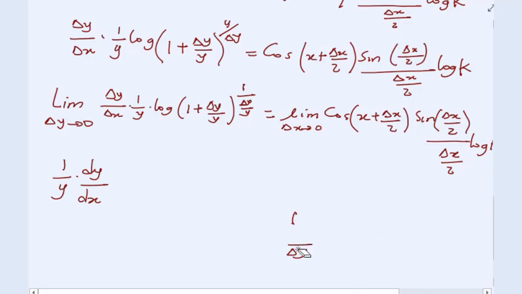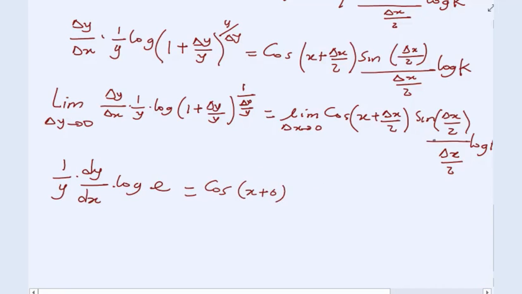So for the next one, let's continue now. When you take the limit as delta y goes to 0 of all this here, this one will be log of e, is equal to, now for cos of s plus delta s, as delta s goes to 0, this one will be cos of s plus 0.